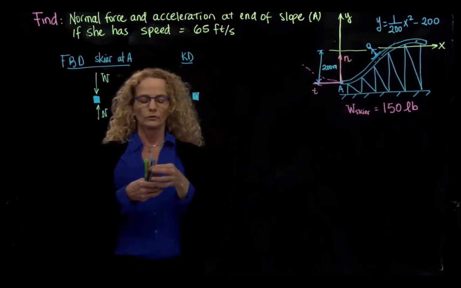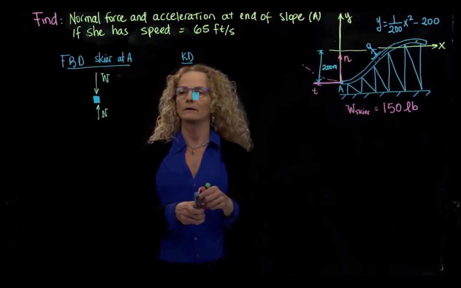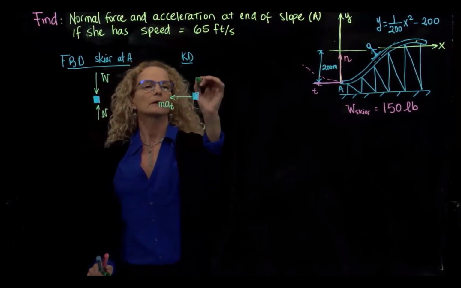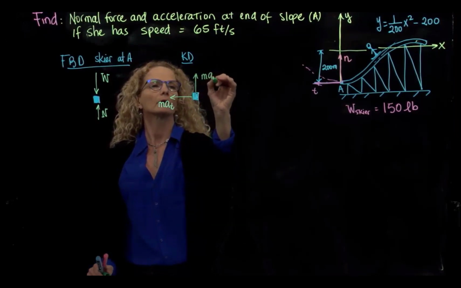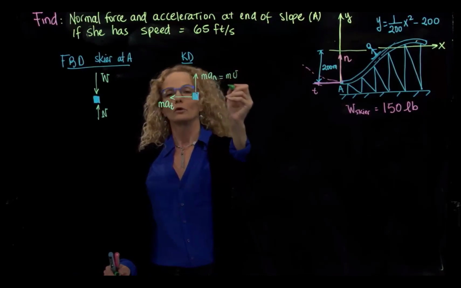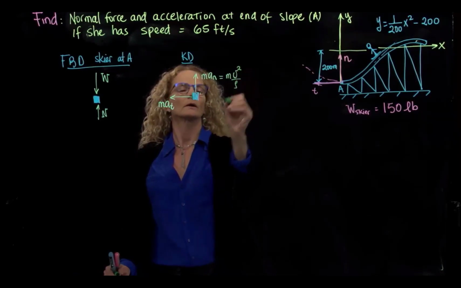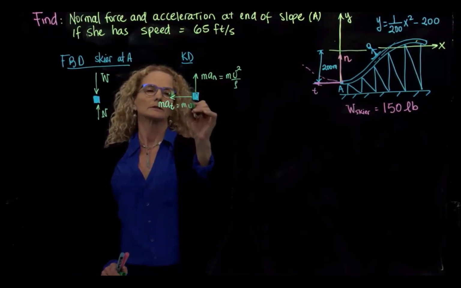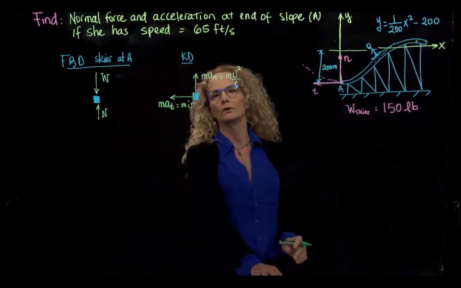As we see, we will have our mass times tangent acceleration and our mass times normal acceleration. As you recall, the normal acceleration is velocity squared over radius of curvature, and the tangent acceleration is the derivative of the velocity.